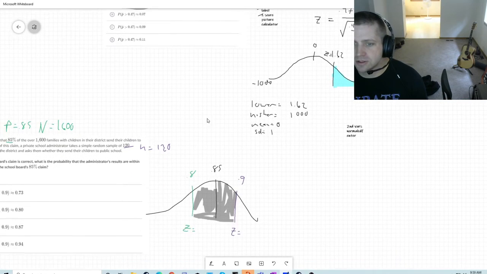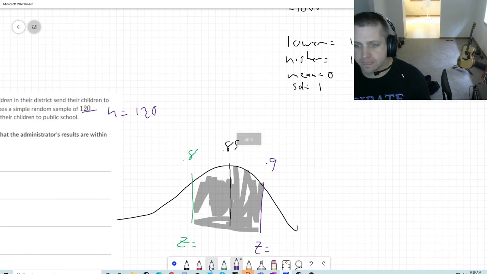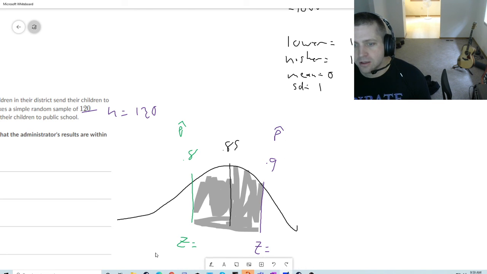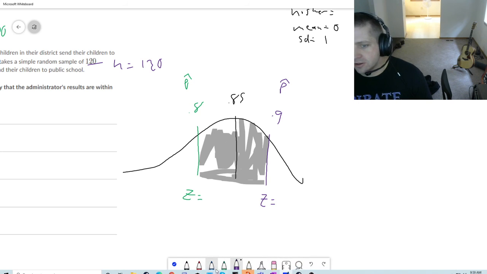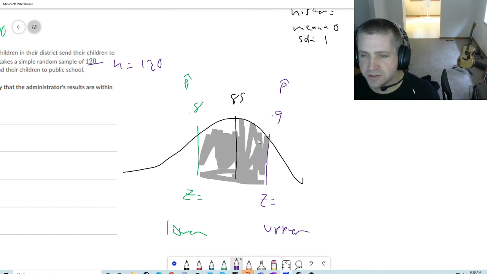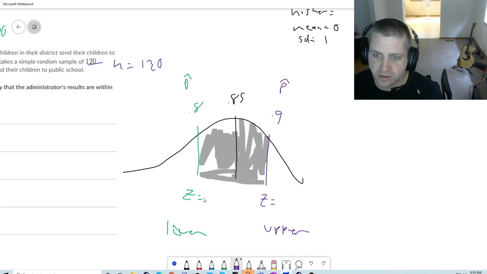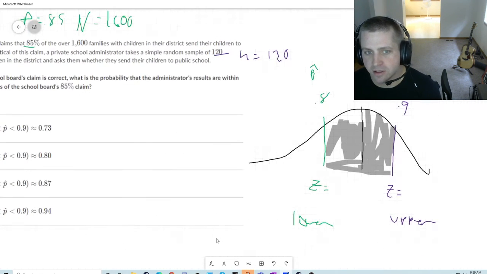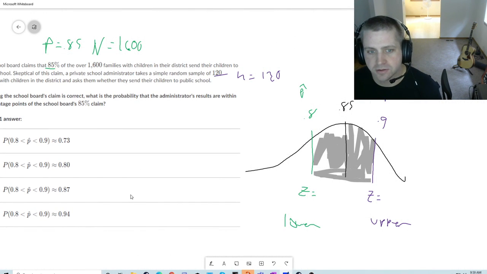So this is one p-hat, and then this one is your other p-hat. And then when you plug it in your calculator, this will be the lower, and this will be the upper. Now this z-score, you only have to do the formula once because it's symmetrical, so if you find it for 0.9, then you can just do a negative exactly the same for 0.8, and you would be able to find your answer in here.